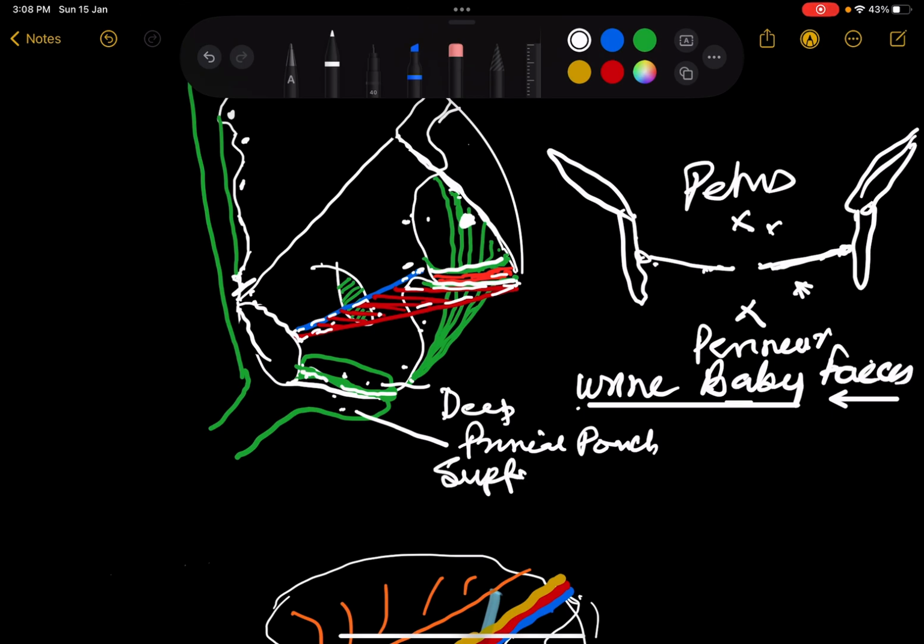The superficial fascia goes on to form the fascia of the penis, and then goes on to form Scarpa's fascia in the abdomen. So you have this deep perineal pouch and superficial perineal pouch, which you will find are pierced by the urethra.